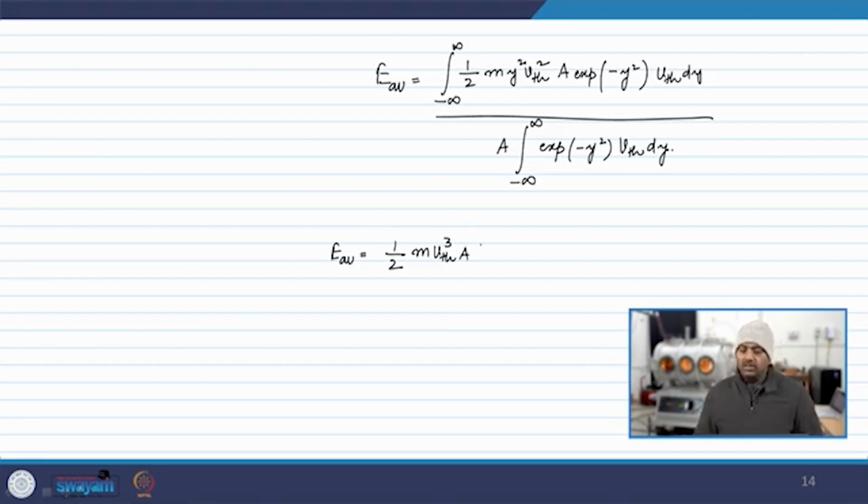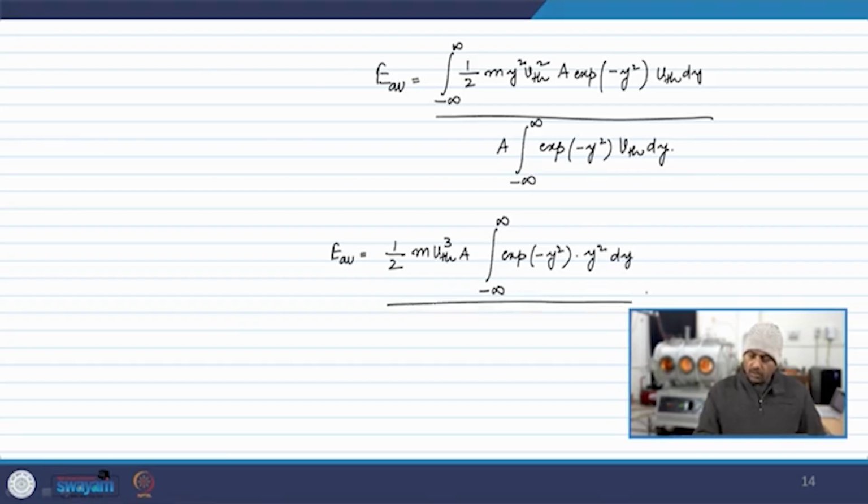The integration is with respect to y. So, it only makes sense we have all the terms which involve y inside the integral and everything else, a constant, outside the integral. Exponential of minus y square times y square dy divided by a Vth.